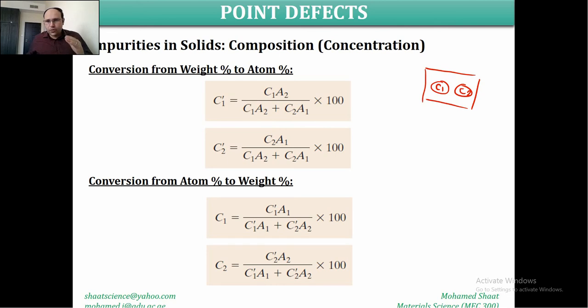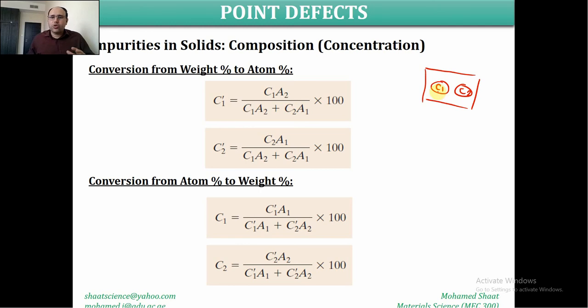These are the concentrations of the two elements in terms of the weights. Meanwhile, you know A1 and A2, the atomic weights of the elements. And these atomic weights, as we discussed in chapter 2, even chapter 3, are material properties. It means that every element has its own atomic weight, which is well known. You can even Google it.